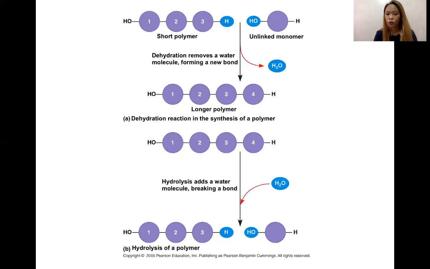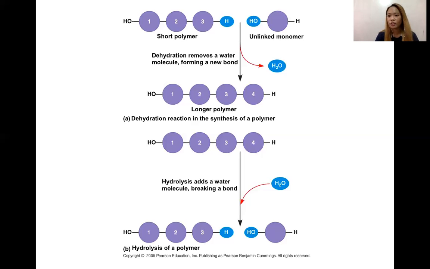And then this water will be divided into a hydrogen ion and an OH. So the hydrogen ion will go here to this polymer, and then the OH will go here to this monomer. So we are breaking it down. Now you have a polymer that has 3 monomers, and then you have a separate monomer here.